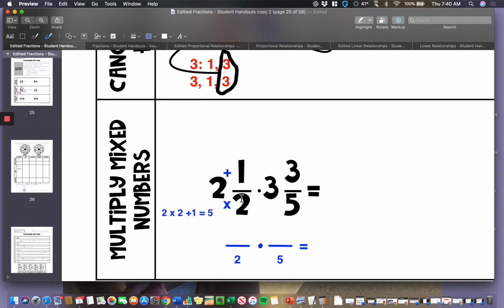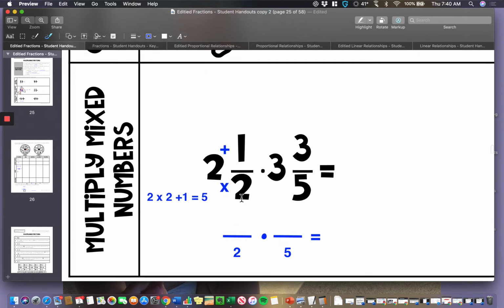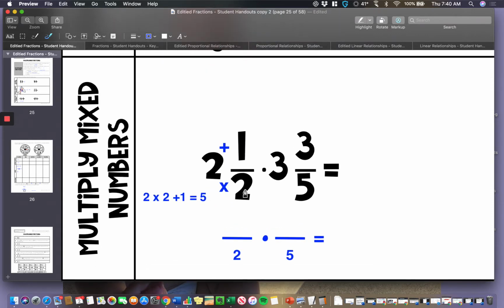So now we're going to be multiplying mixed numbers. When multiplying mixed numbers, the easy way to do this is to multiply the denominator by the whole number and add the numerator. So 2 times 2 plus 1 is going to give me my brand new numerator for an improper fraction.